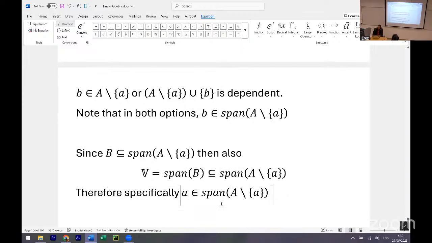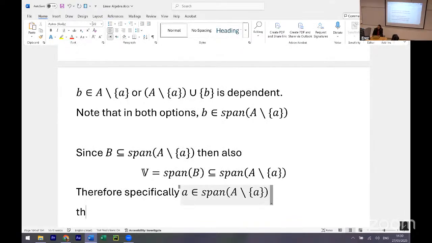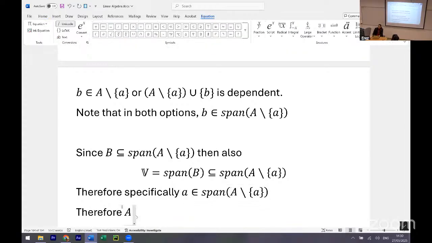That A is in the subspace. No. You have within the set A some vector that can be created from the others. What does it tell you about the set A? If you can create one vector from the others, it's dependent.